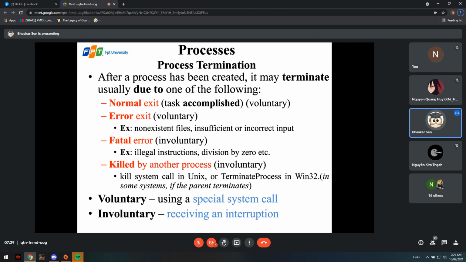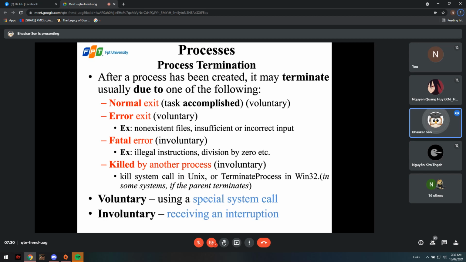That is what we call the programmatic error. Once we have programmatic or fatal errors, then definitely it will terminate. It will abruptly end.